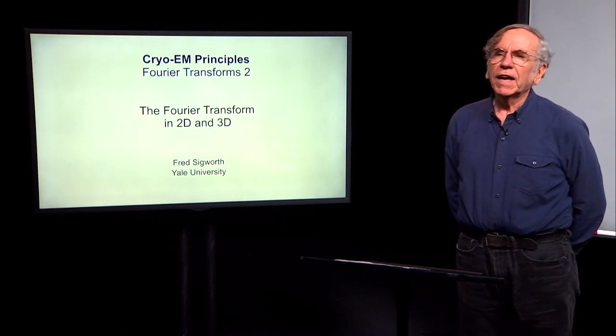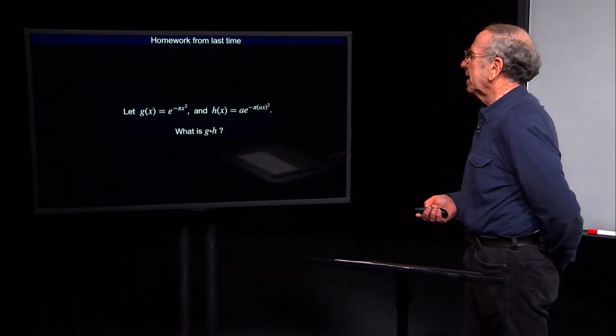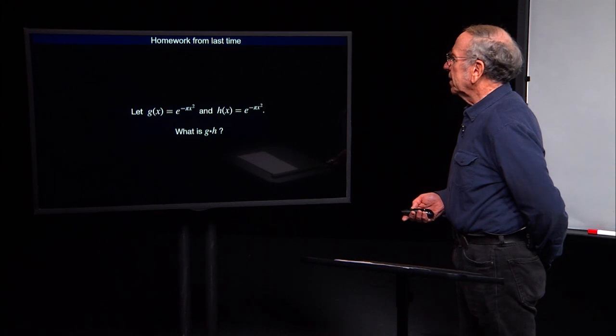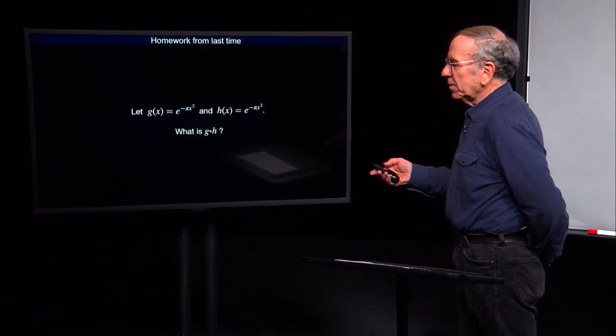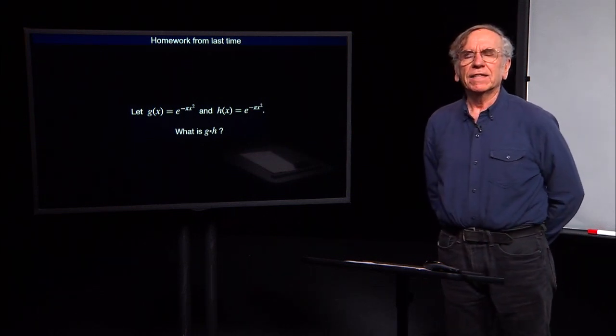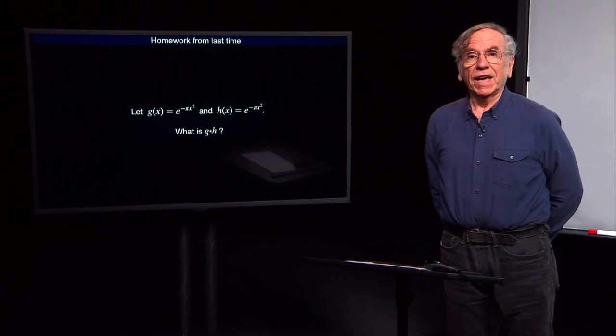But before we do that, let me talk about the homework problem that I gave you last time. And in fact, I'm going to do a simplified version of it. I'm going to let that parameter a be equal to 1 and just ask, what happens if we convolve a Gaussian with a Gaussian?